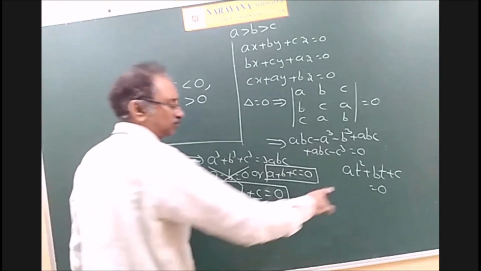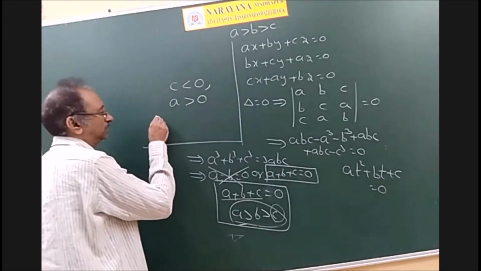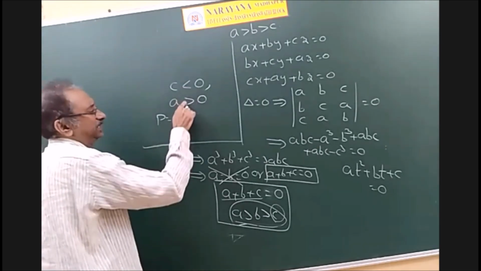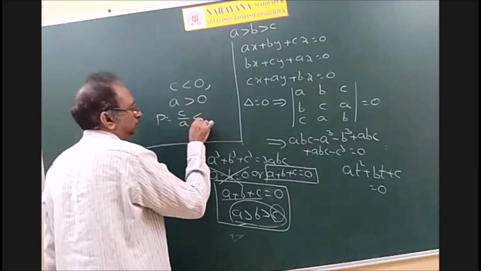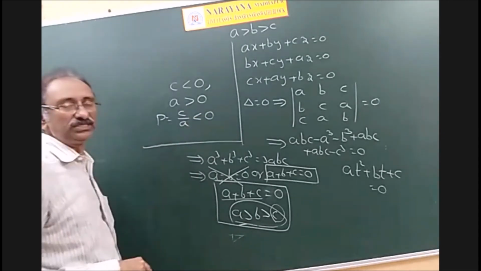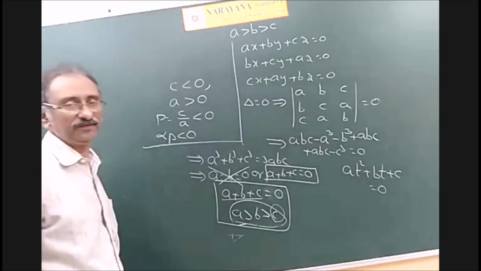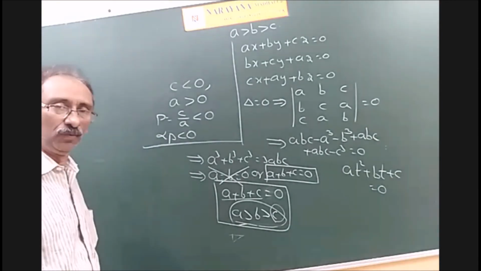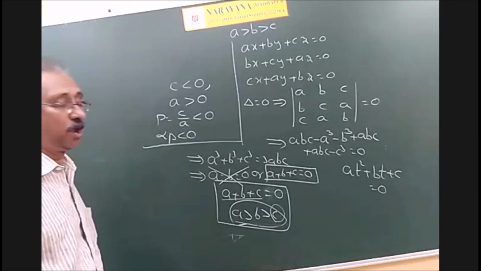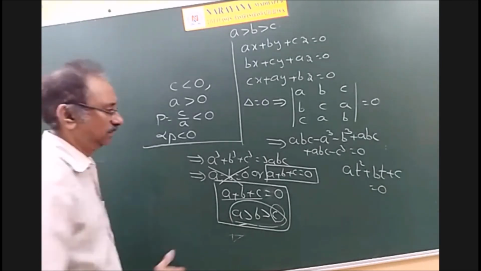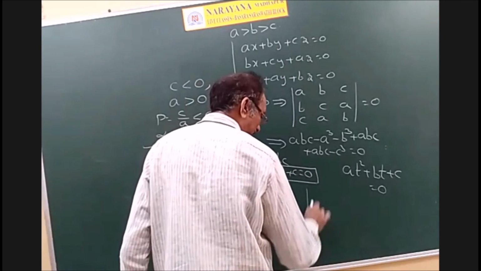And consider this quadratic equation. What is the product of the roots? c by a. And c is negative, a is positive. Therefore, the product of the roots is negative. If the product of the roots is negative, what can you say? One is positive, one is negative. So they should be of opposite sign. But you may say, sir, whether they may be complex numbers. Okay, let us see the discriminant.